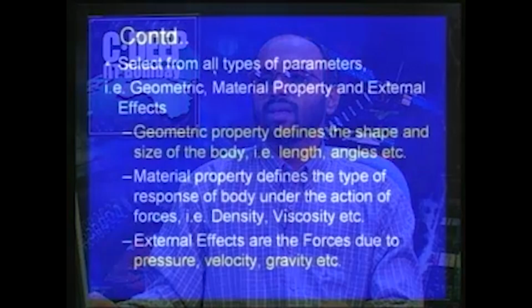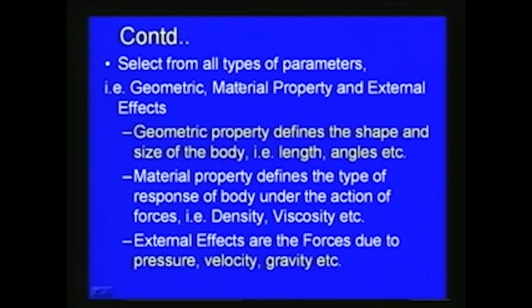Next one, we have to select from all types of parameters, whether in the dimensional analysis we will be dealing with geometric or material properties and external effects. With respect to all these we have to select all the important parameters.